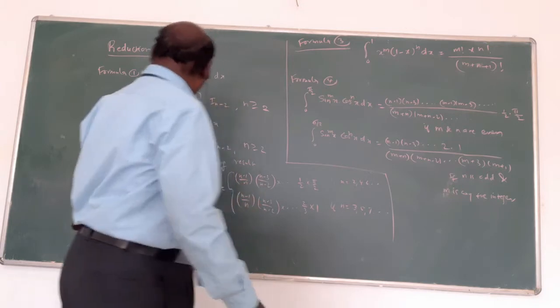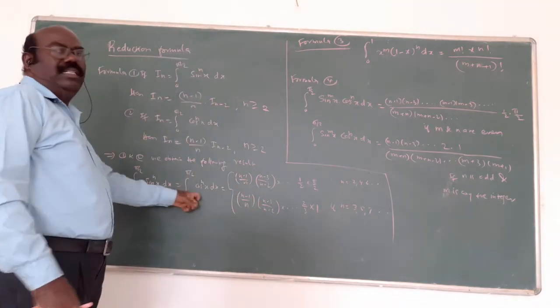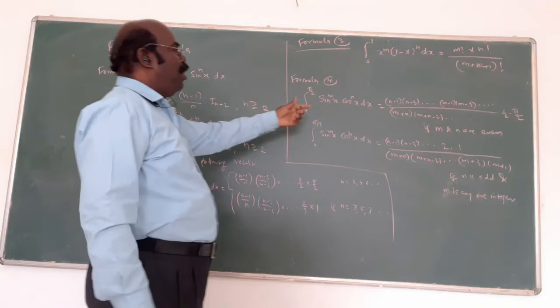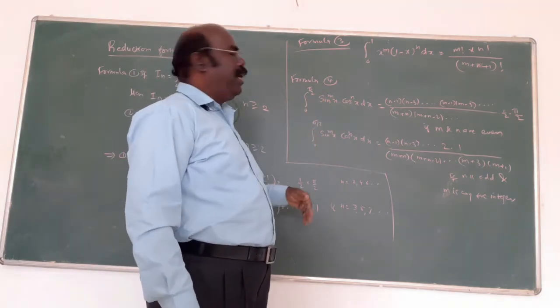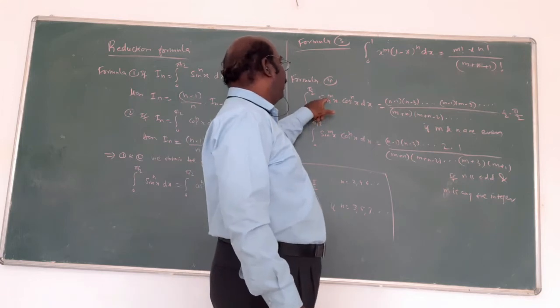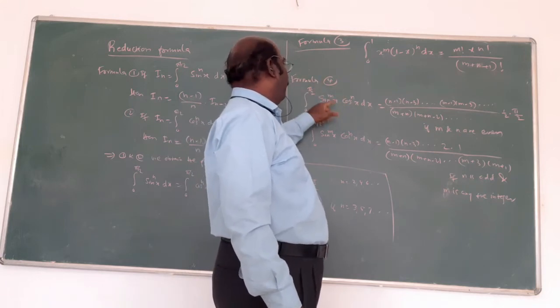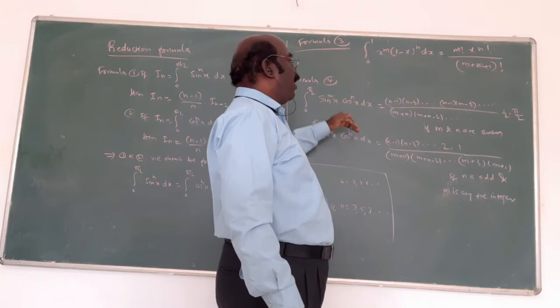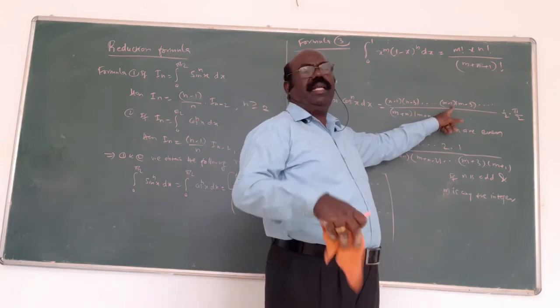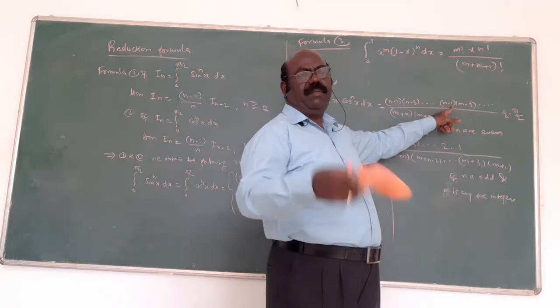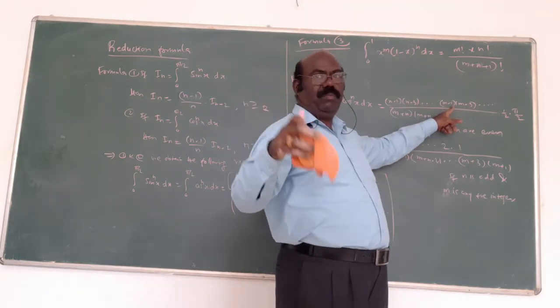Then previously sin and cos were coming separately. Now the product of sin and cos will come in the same method only. First power is what? n or m, whatever, no problem. For m, the m is reduced by 1, m minus 1. Then next reduced by 2, m minus 3, and so on up to 0.